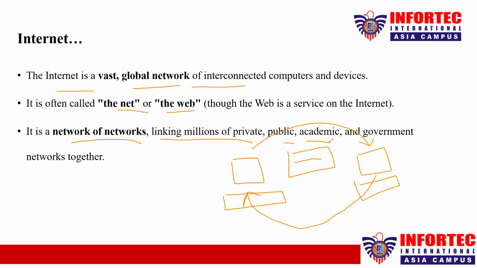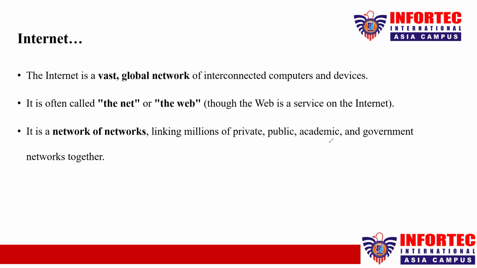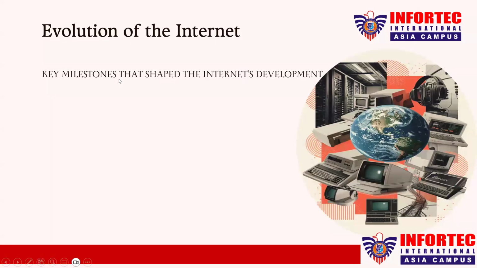And we use the word net, web in the practical sense to show the internet concept to the world. So in another way, you can tell it is a network of network where we connect millions of private, public, academic, and government networks together to do this connection.